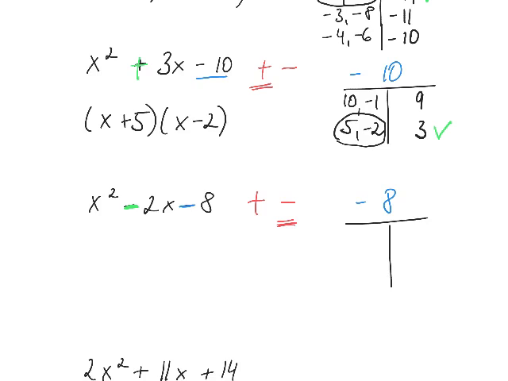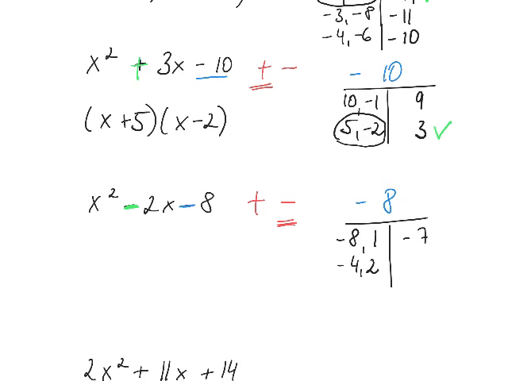Okay, so let's see what makes minus 8. So the negative number is bigger, so it will be minus 8 and 1. And we will have minus 4 and 2. So nothing else. Minus 8 plus 1 will give me minus 7.